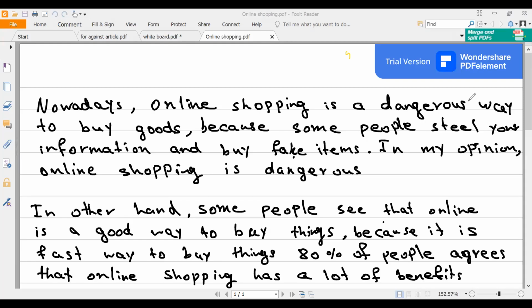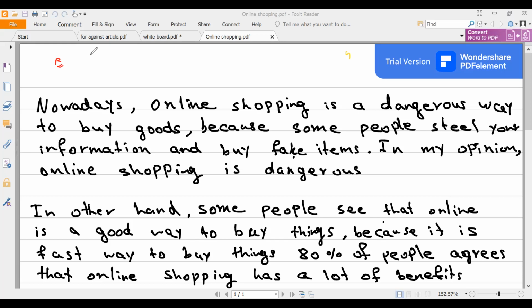Ahmed, you're supposed to write a persuasive essay. It's supposed to be now. The one you should write about is if you agree, but now it's not an argument, it should be persuasion.